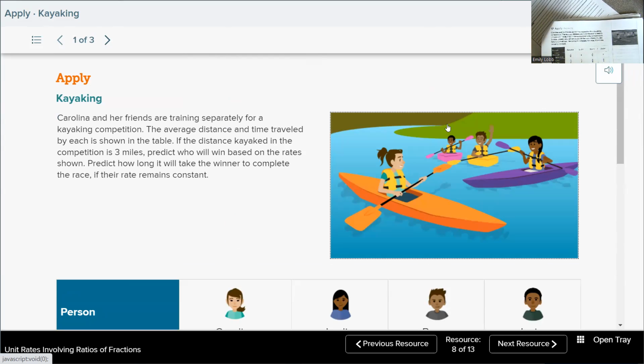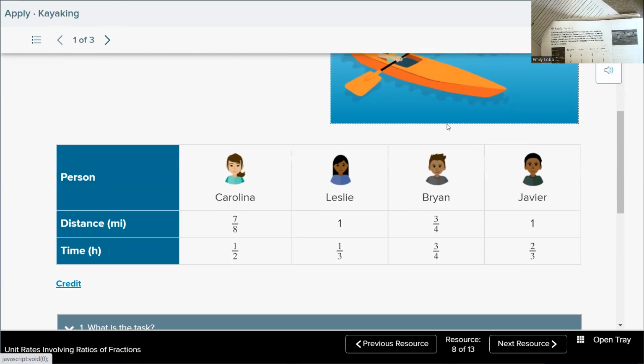The average distance and time traveled by each is shown in the table. If the distance kayaked in the competition is 3 miles, predict who will win based on the rates shown. So we're trying to find a rate. Predict how long it will take the winner to complete the race if their rate remains constant. So what is this asking us, right?